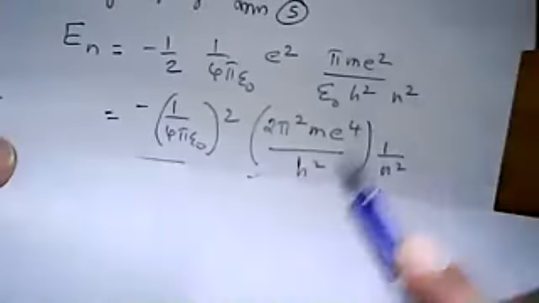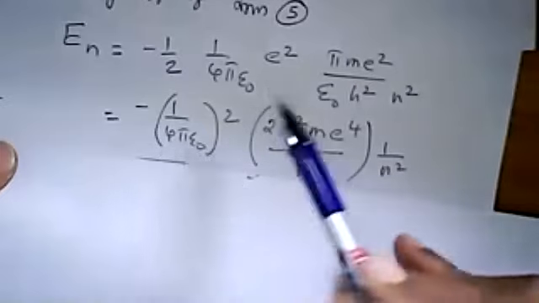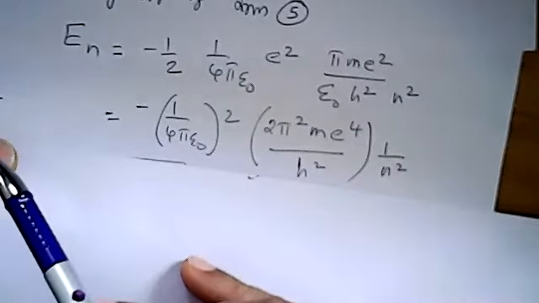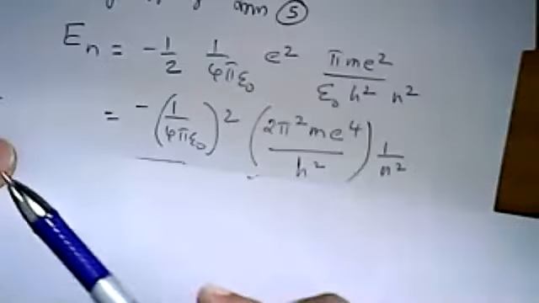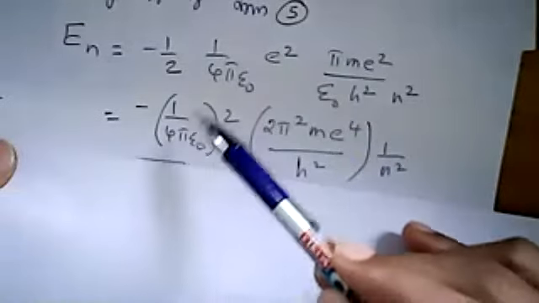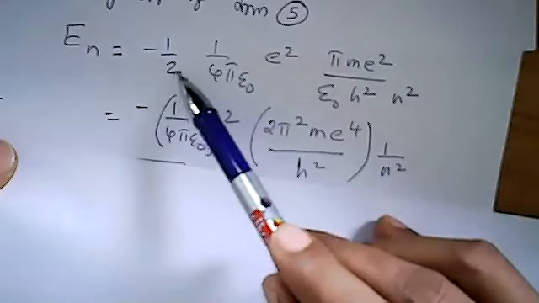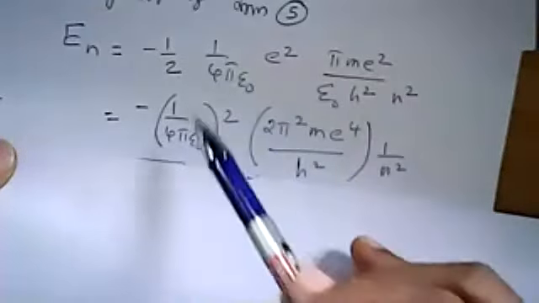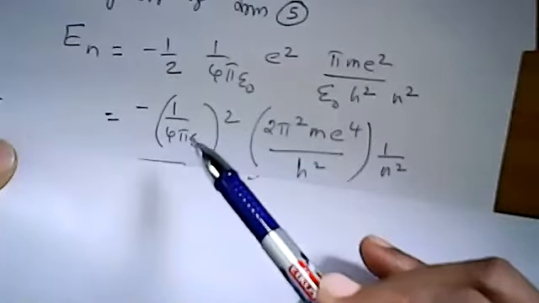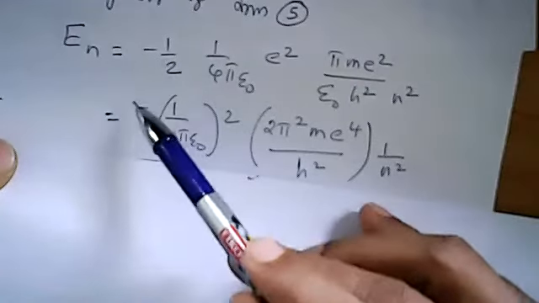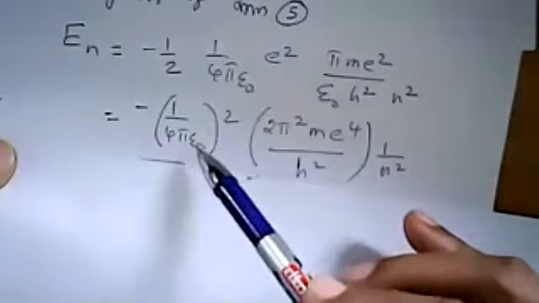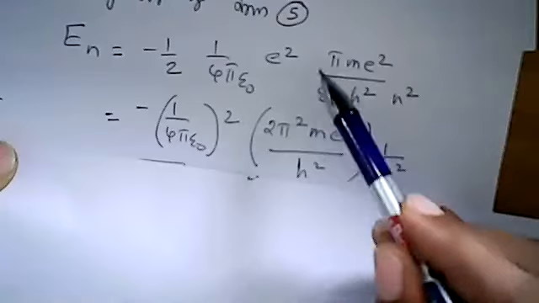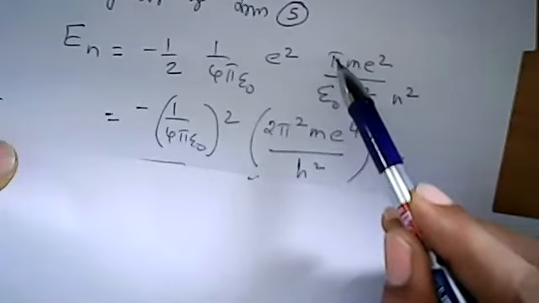Now put a 2 pi again in the numerator and denominator. So we are doing nothing. Put a 2 pi here, so this becomes 4 pi. Take epsilon 0 from here, so 2 times 4 pi epsilon 0 comes. The minus sign is there. 1 by 4 pi epsilon 0 whole square. Then a 2 pi has to be put in the numerator.